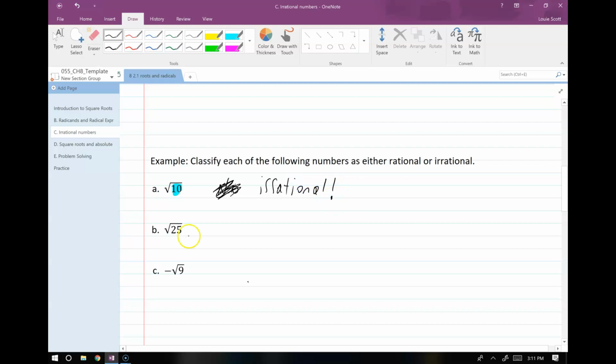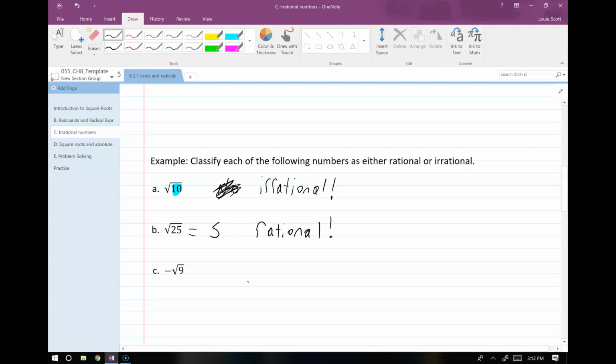However, for this next one, you can see the radicand is 25. 25 is equal to 5 times 5, so 25 is a perfect square. This is just equal to 5, and 5 is rational. You guys are at a pretty good advantage here, especially on the exam, because when you punch these into your calculator, if you come up with a big decimal, it's just irrational.